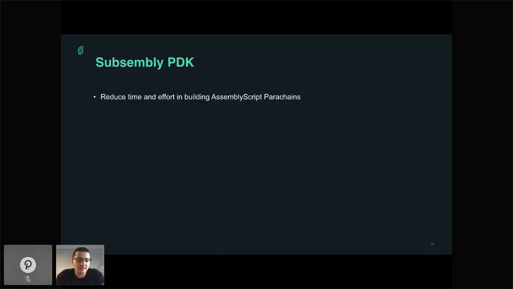Our end goal for Subassembly is for it to become a parachain development kit, meaning that we would like to get to the point where Subassembly can be used to develop Kusama or Polkadot parachains, etc. And we think that having such a framework will enable millions of developers who already know JavaScript or TypeScript to be able to build on the Web3 stack and drive the whole Web3 vision forwards.